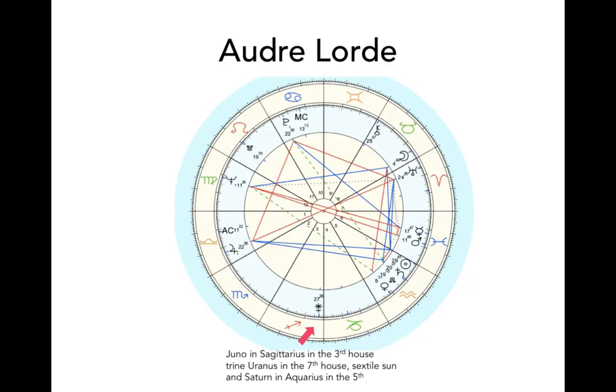Audre Lorde. So Juno is in Sagittarius at 27 degrees. The next fire sign over is Aries. And who's there? Uranus, 24 degrees. So they're within a 3-degree orb of a trine. Audre Lorde had many lesbian relationships.